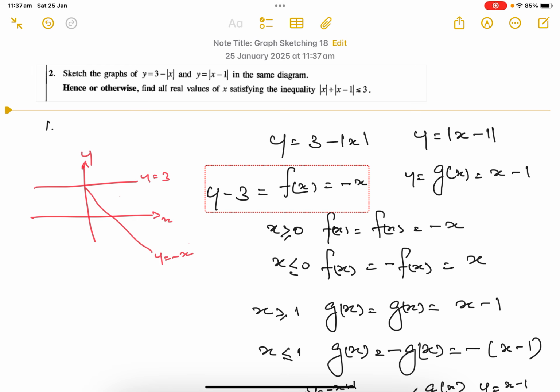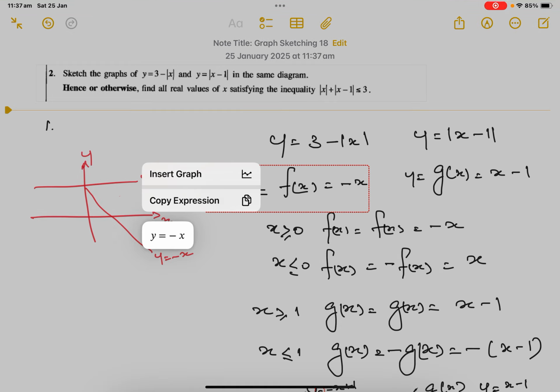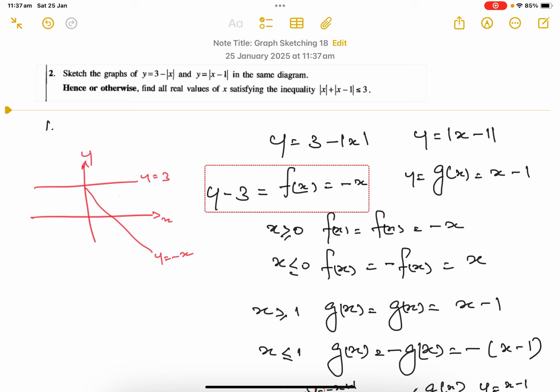Then again, I just wanted to go through a bit more detail for how I am going to approach this graph. When x is positive, this is the pivot point, 0, 3. So when x is positive, f(x) is f(x), there's no change. So minus x, that is what I actually have drawn.